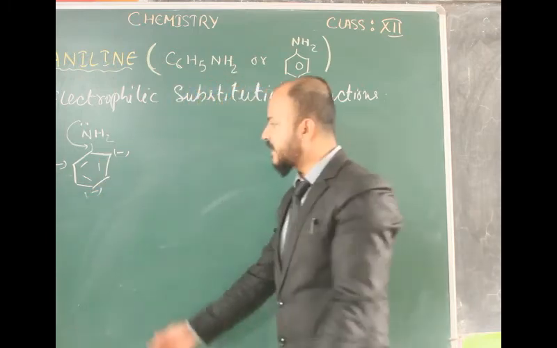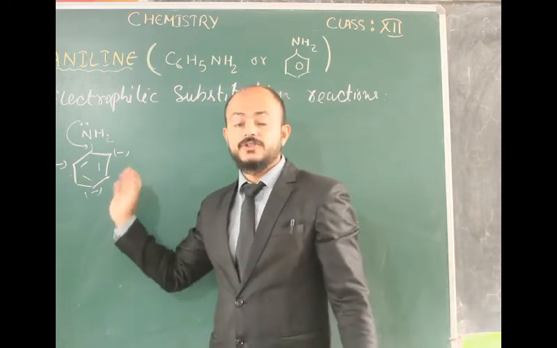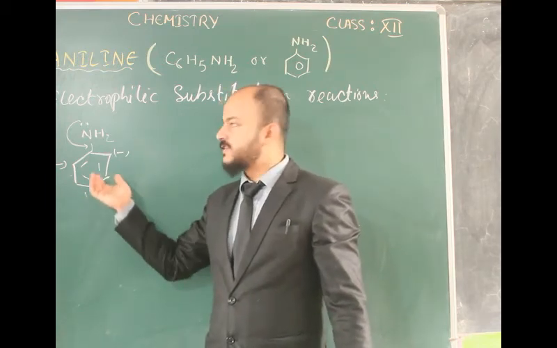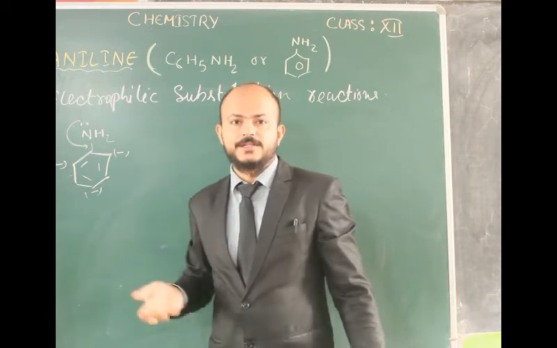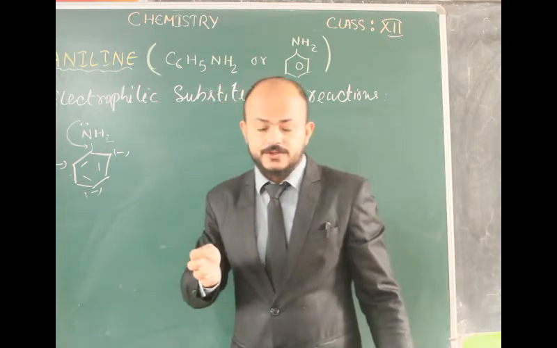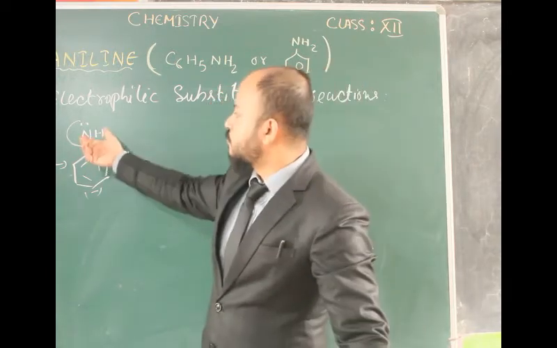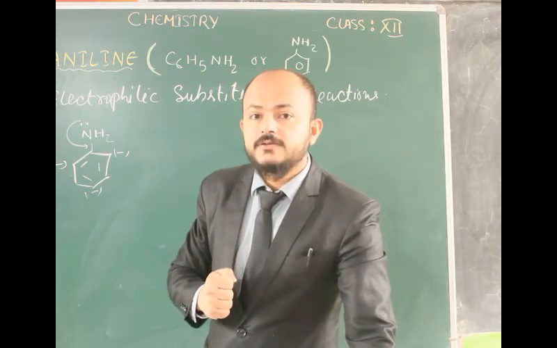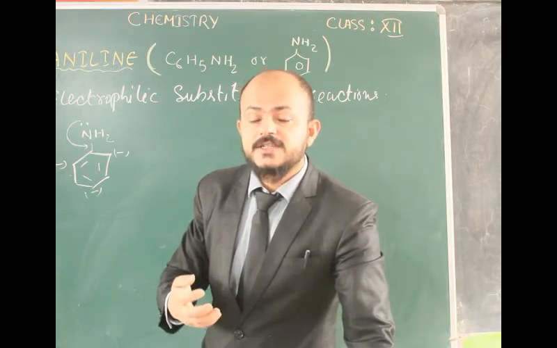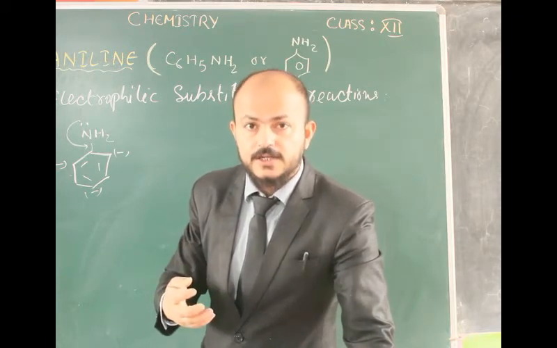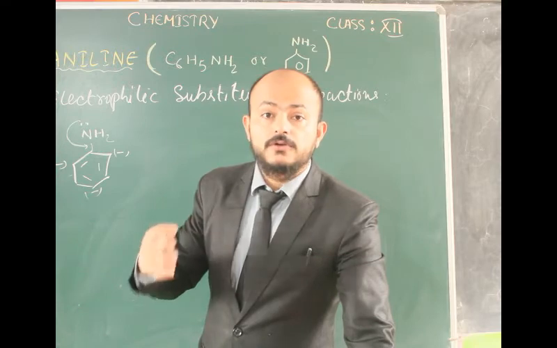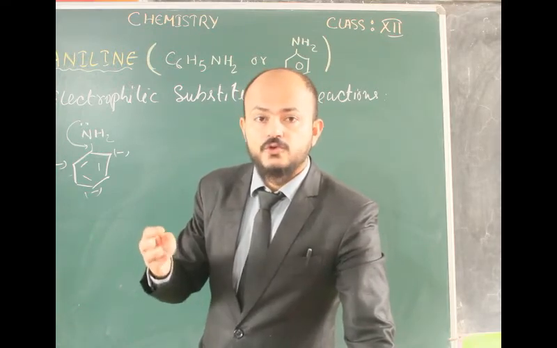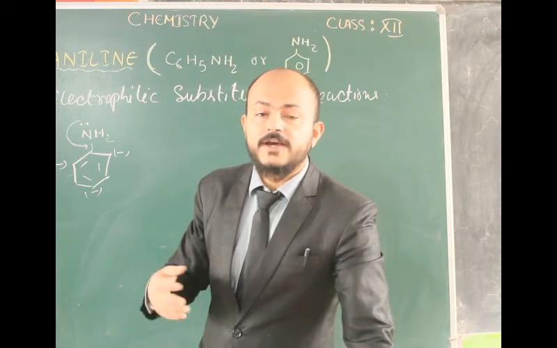So whenever an electrophile comes, it comes at the ortho and para positions. But there is some unique nature of NH2 whenever it is present in a benzene ring. It activates the ring to such an extent that instead of just getting a mono substituted product, you get ortho and para substituted product. That means you have a 2, 4, 6 tri substituted product.